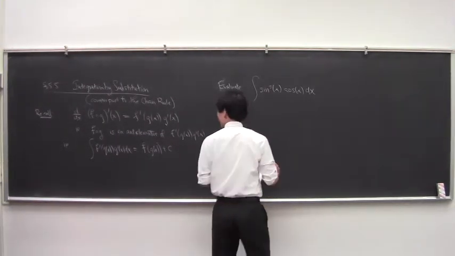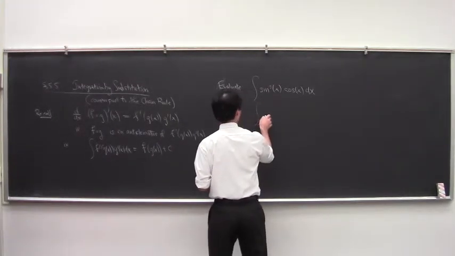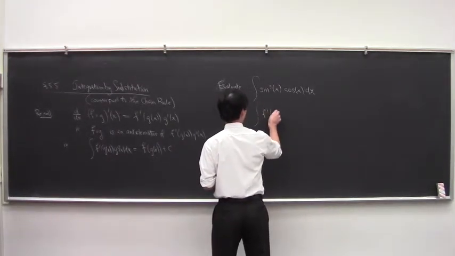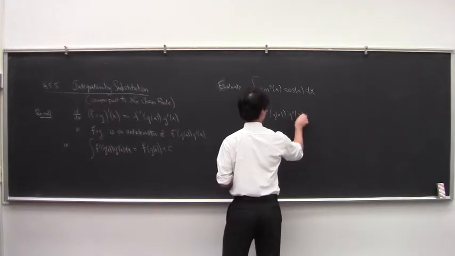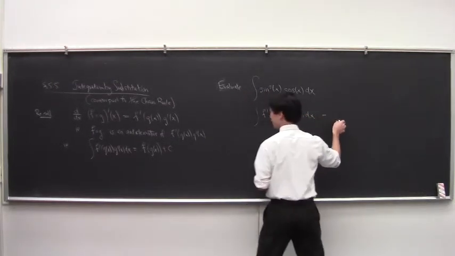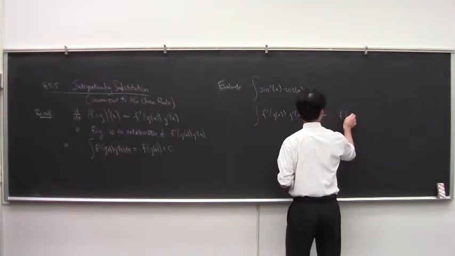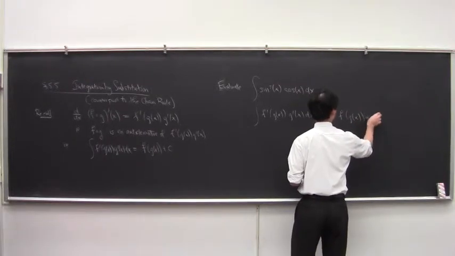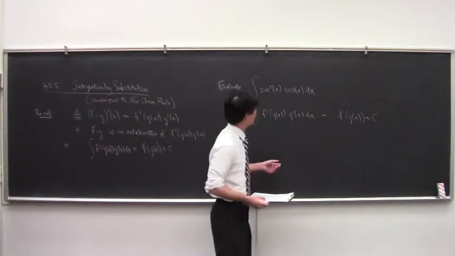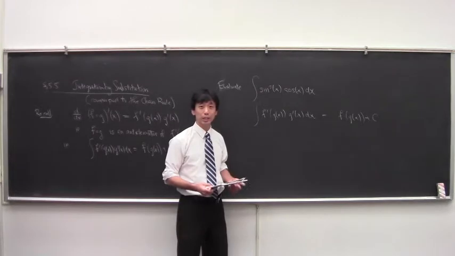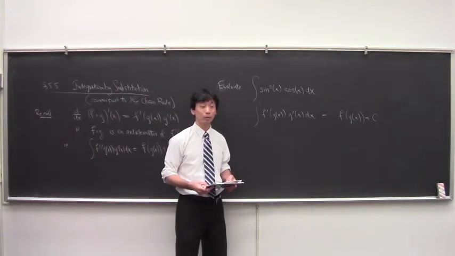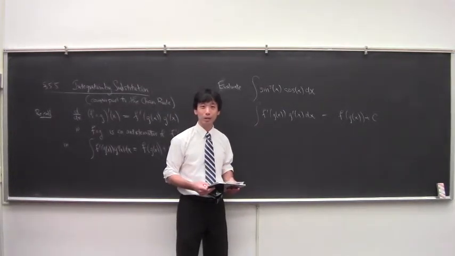Okay. So we want to recognize this thing as f prime of g of x, g prime x dx, because if we do, then we can just say this is going to be f of g of x plus c. So what are we going to take as our g? What are we going to take as our g, Mohammed?